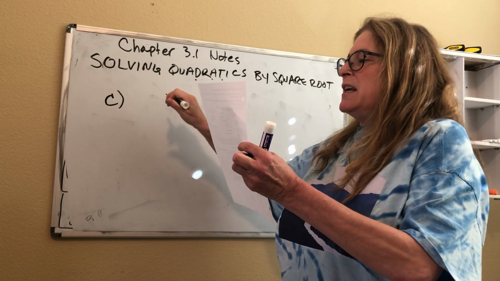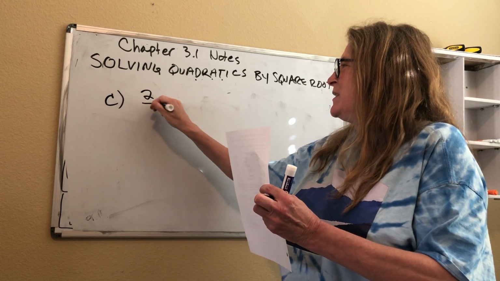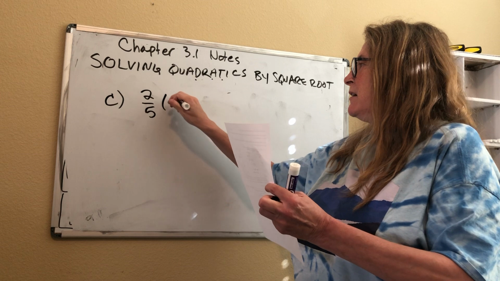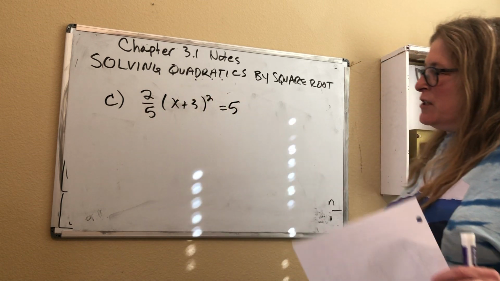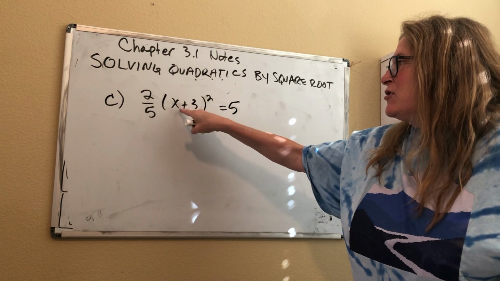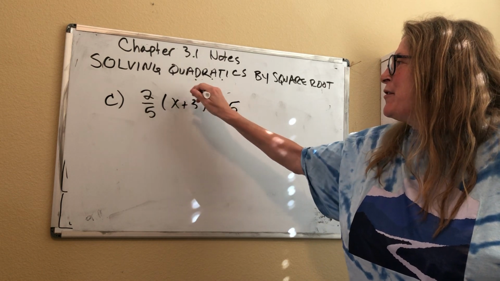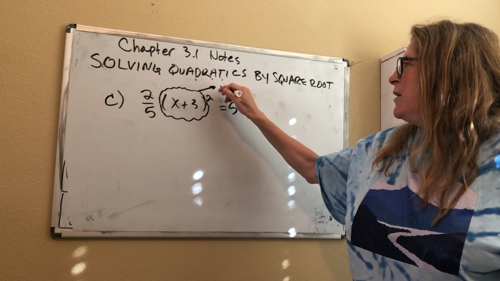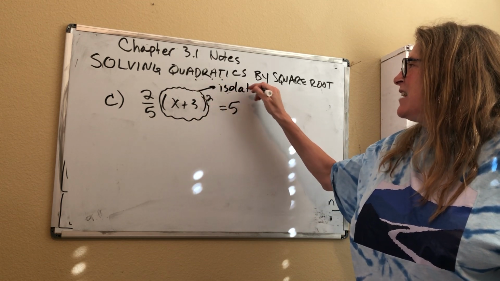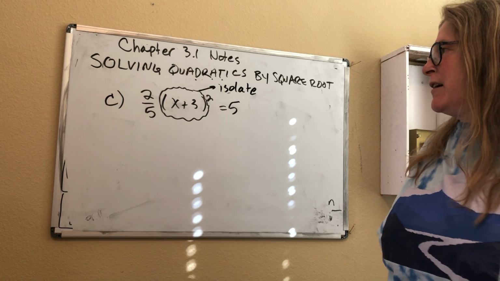First, the tricky thing is the squared term is not as easy to spot here. Because you see, guys, it's not the x that's the squared term. It's the entire x plus 3 that's the squared term. So what I want to do is isolate the x plus 3 squared.